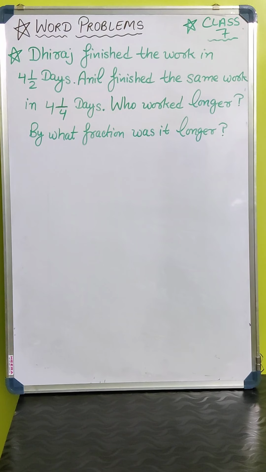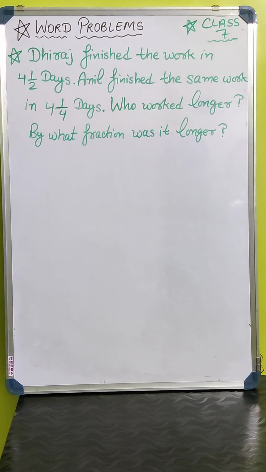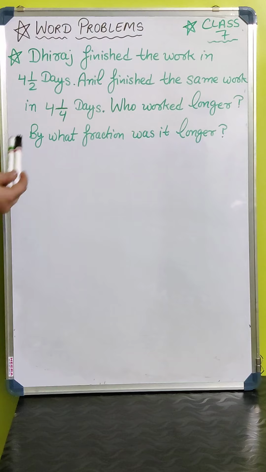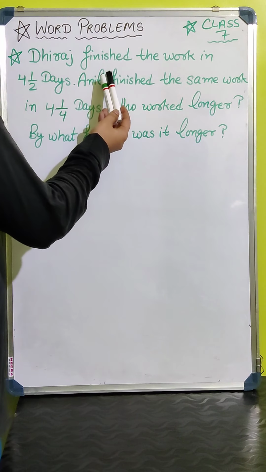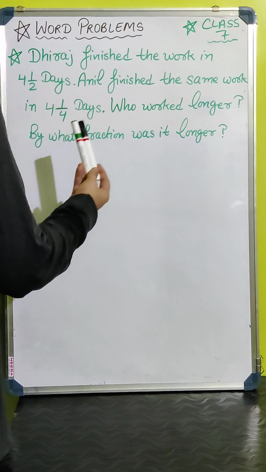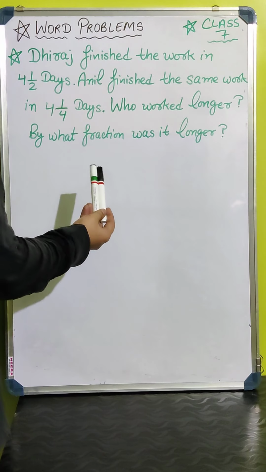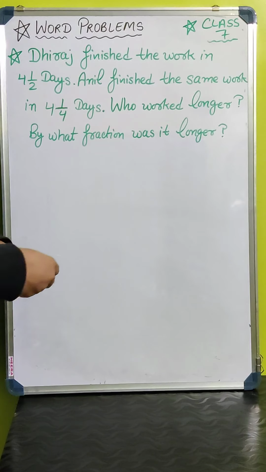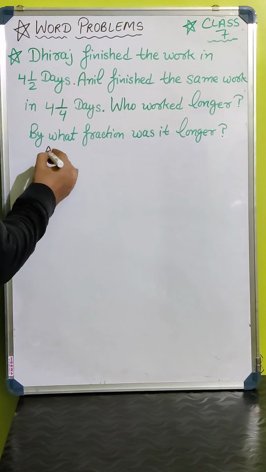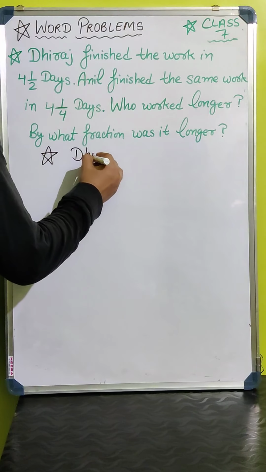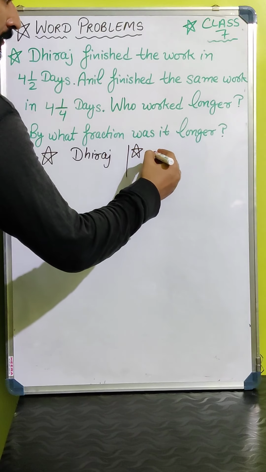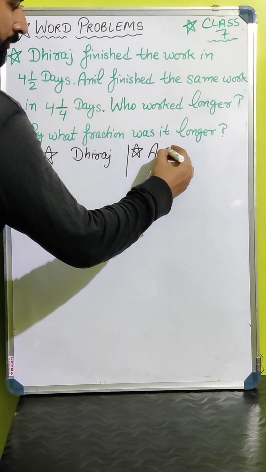Now comes the next question. The next problem is: Dheeraj finished the work in 4 whole 1 by 2 days. Anil finished the same work in 4 whole 1 by 4 days. Who worked longer and by what fraction was it longer? Now very simple. Two persons are there: one is Dheeraj and the second is Anil.